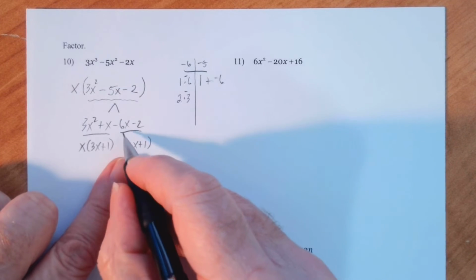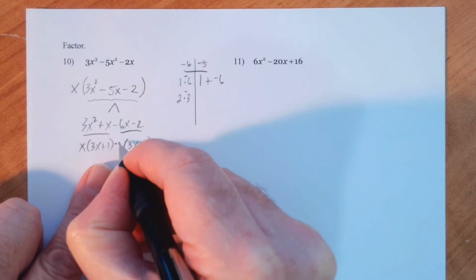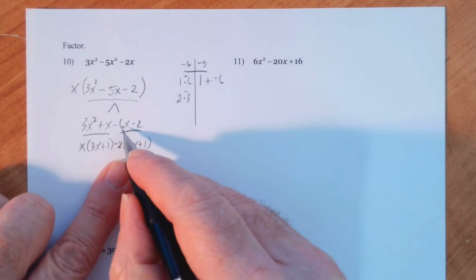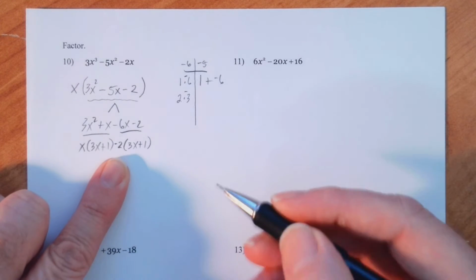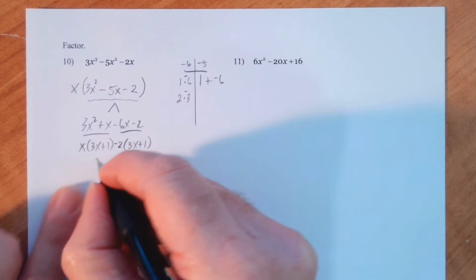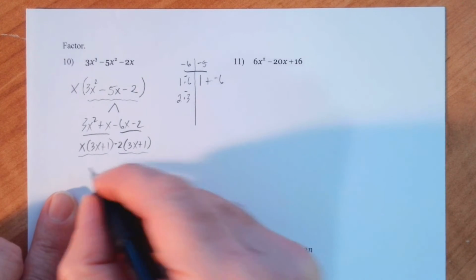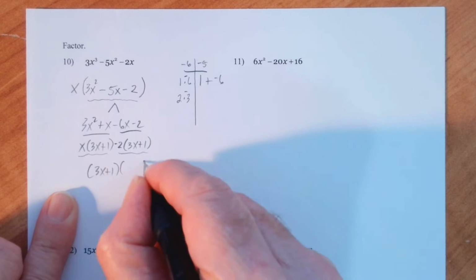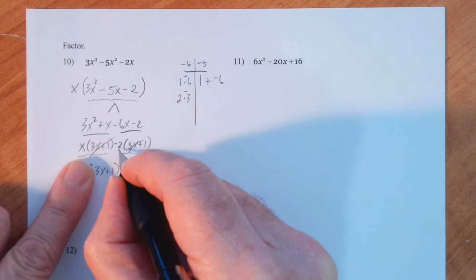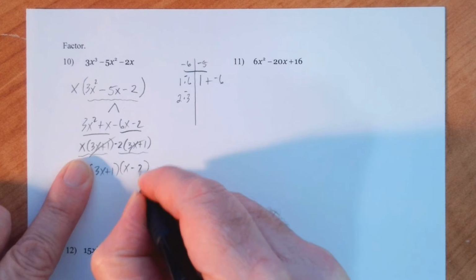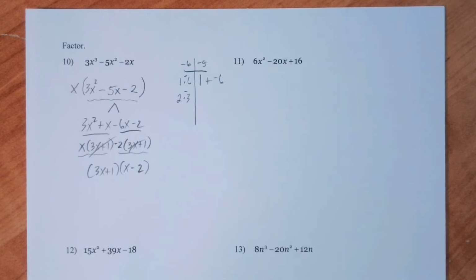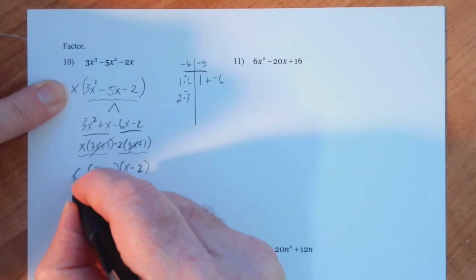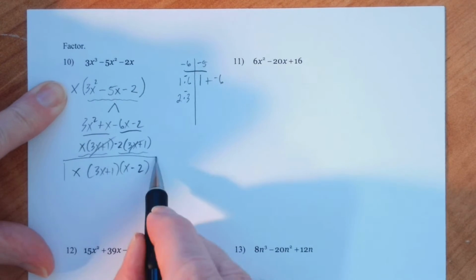And notice 3x times a minus 2 would give you that negative 6x. And negative 2 times 1 does give you negative 2, so that does work. We've got two terms with a common factor of 3x plus 1. And if you cross those out, you can see the other factor is going to be x minus 2. Now don't forget, we had this x out front, and that's part of our answer.